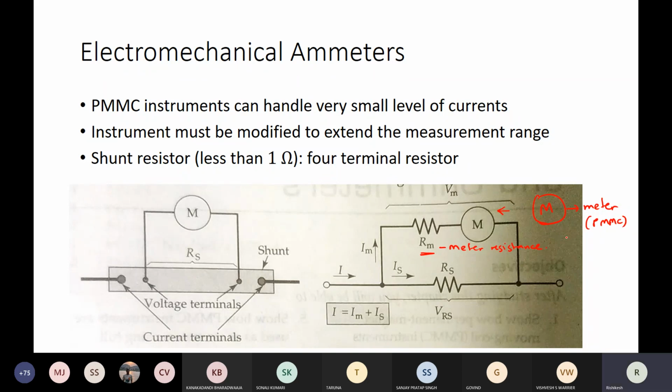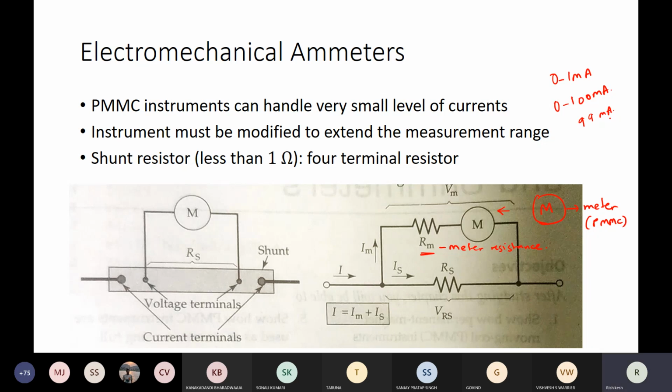In this case, how can we extend the measurement range? That means, let's say my instrument is basically able to measure 0 to 1 milliampere, but I want to extend it to 0 to, let's say, 100 milliamperes. So in that case, what will happen to the extra current of 99 milliampere?